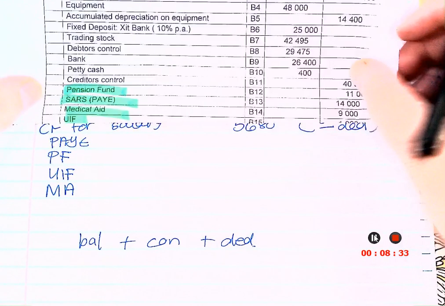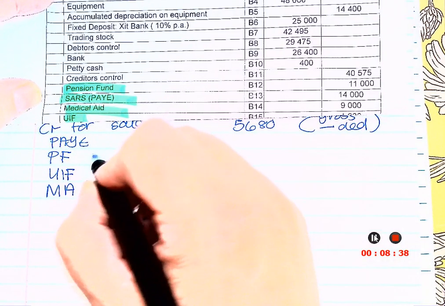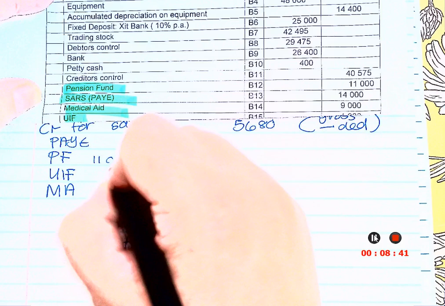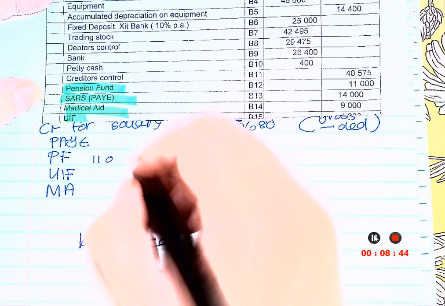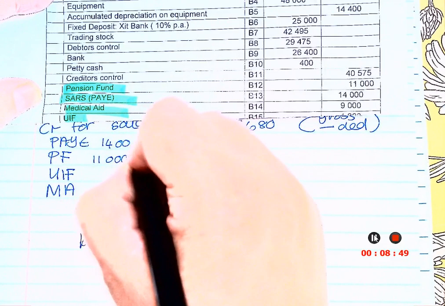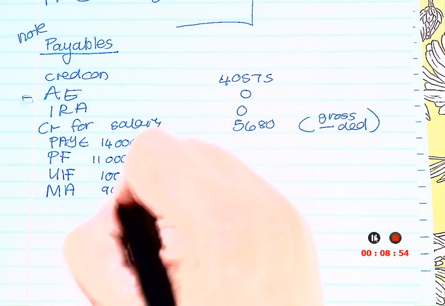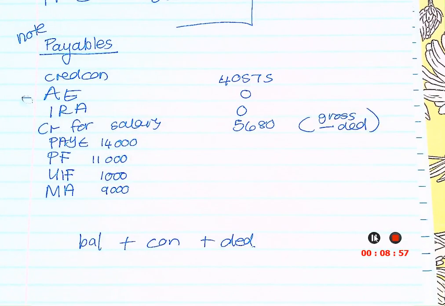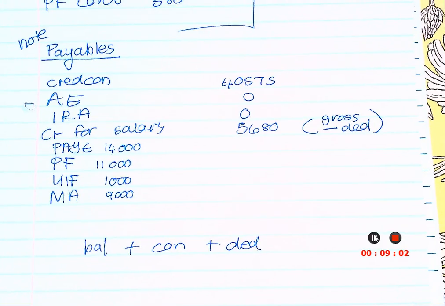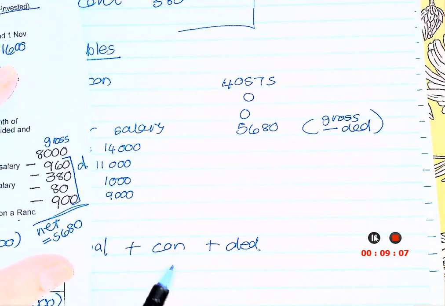So I can see there, I have 11,000 pension, 14 is SARS, 9 is medical aid, and 1 is UIF. Okay, so I've got that so long. But now I want to add this contributions.